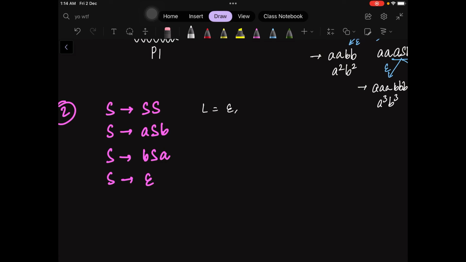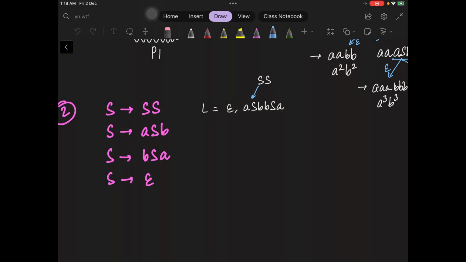epsilon, it can be ASB, BSA, where we substitute. So for getting what I've done here, assume we have taken SS, where this S has been substituted by ASB and this one substituted by BSA.